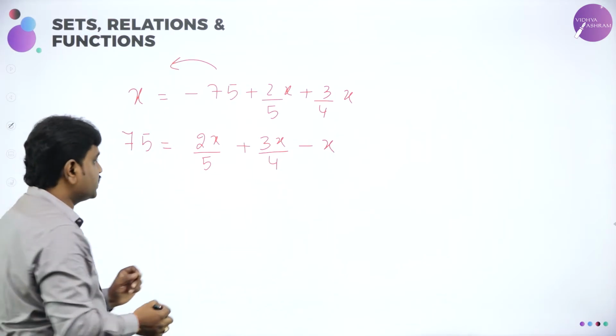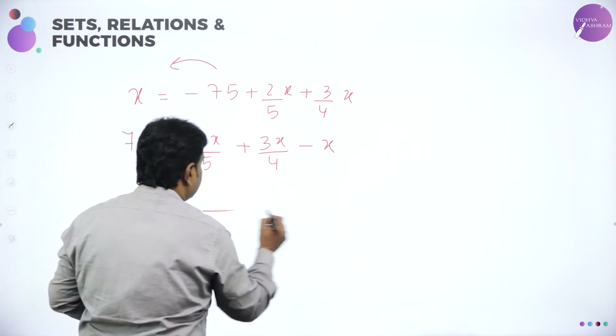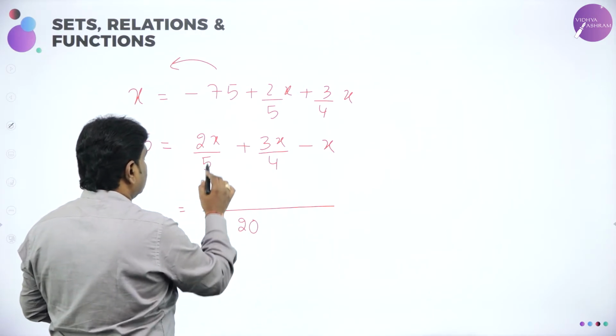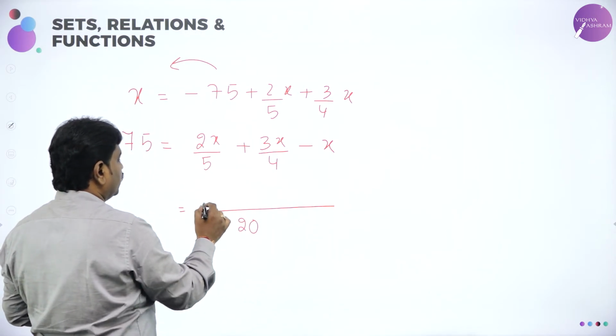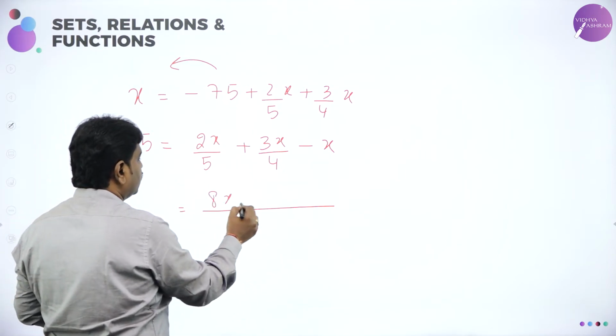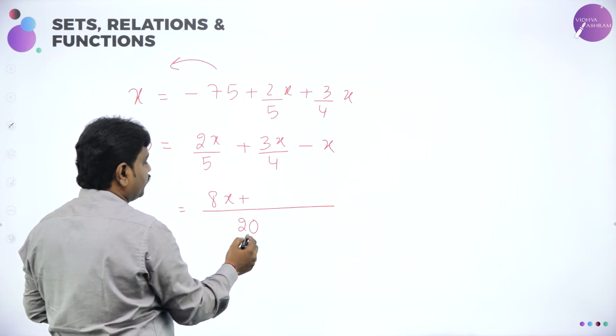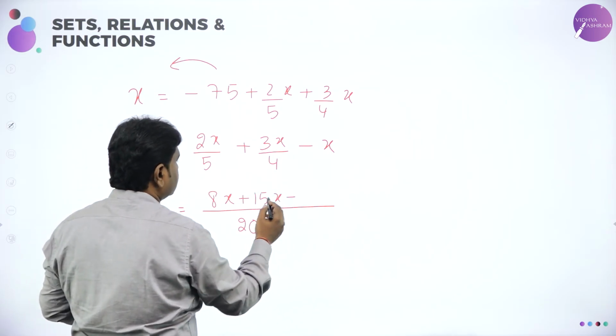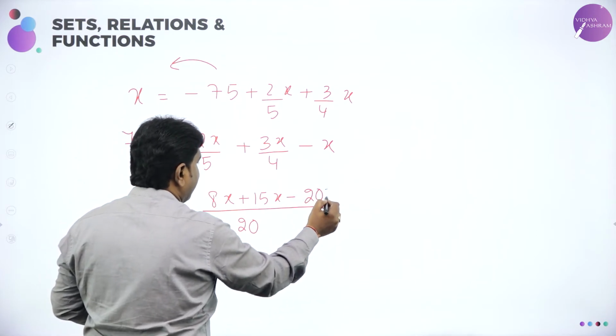As usual, take LCM. What is the LCM? 5 4s are 20, 5 2s are 8x plus 4 1s are 4, 5 3s are 15x minus 20x.